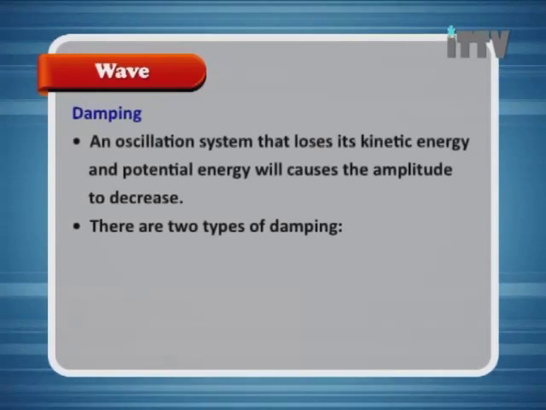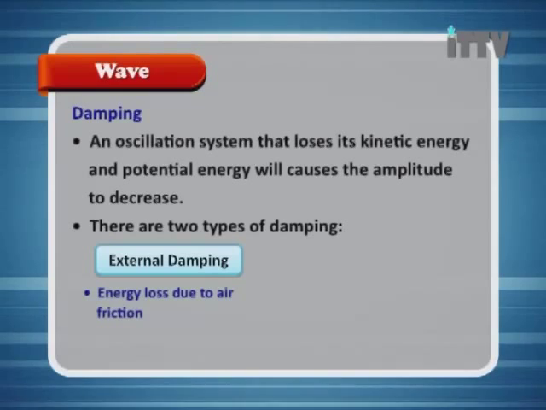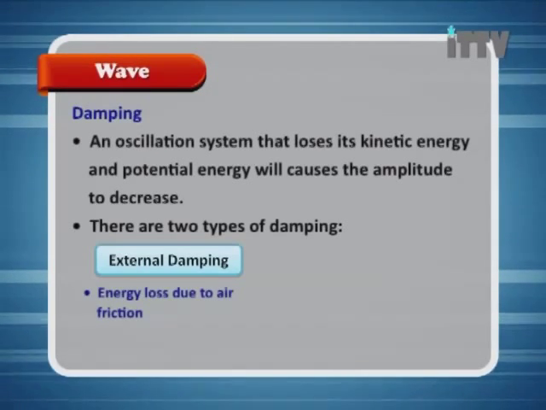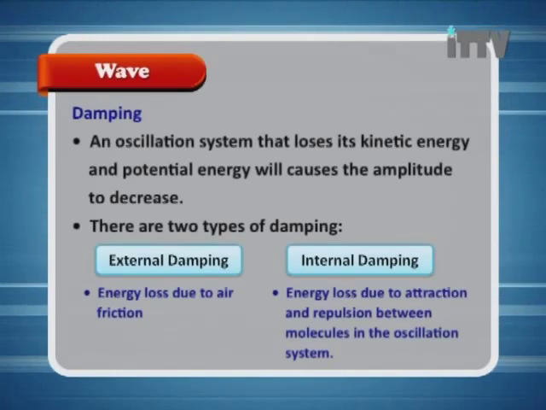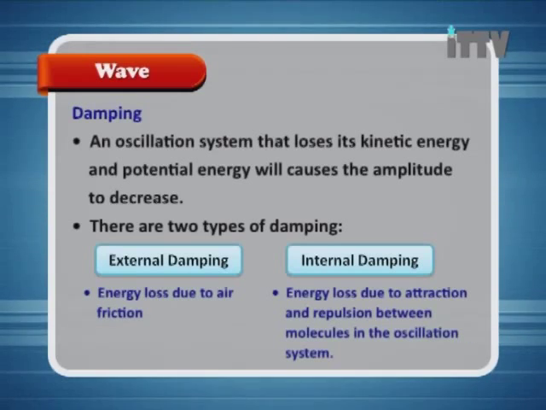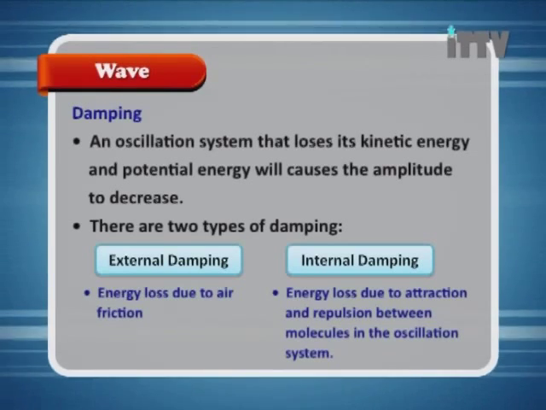There are two types of damping. External damping: energy loss due to air friction. Internal damping: energy loss due to attraction and repulsion between molecules in the oscillation system.